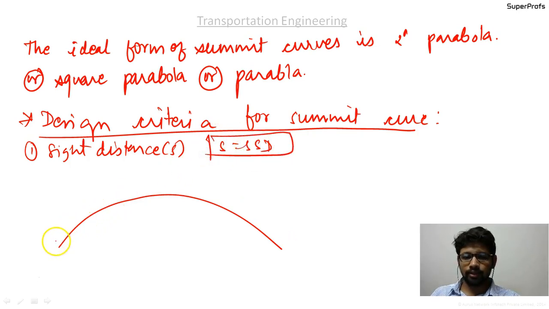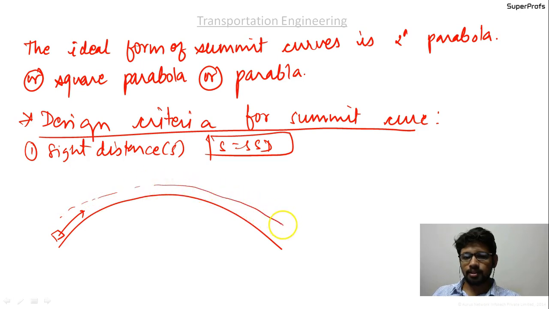So the vehicle is moving like this, and this is the SSD, the stopping sight distance.